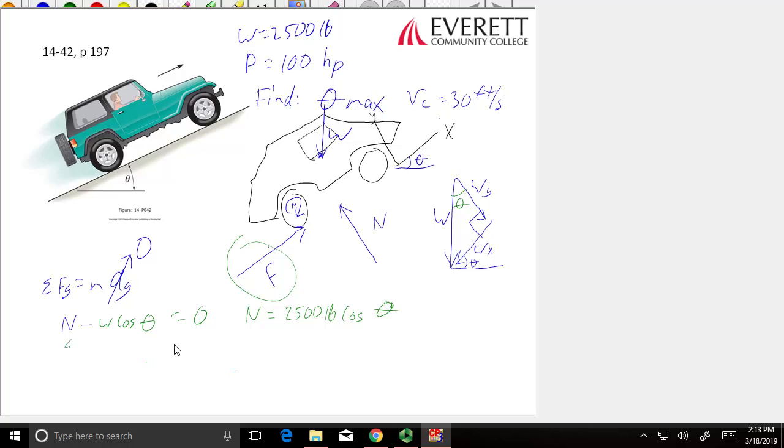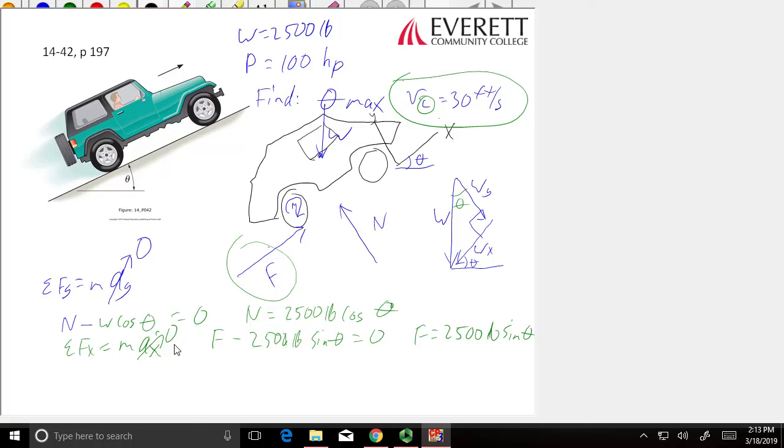So we have the sum of the forces in the x equals mass times acceleration in the x. And the thing I was missing is this little c down here with constant velocity of 30 feet per second. So that means acceleration in the x is also 0. And we get that frictional force minus 2,500 pounds times the sine of theta equals 0. So frictional force has to be 2,500 pounds times the sine of theta.